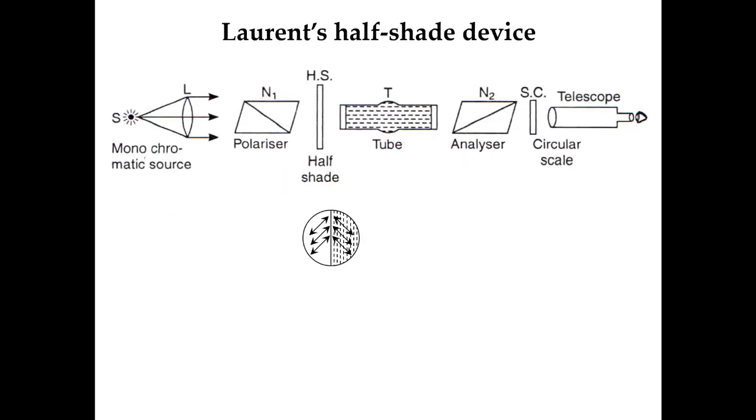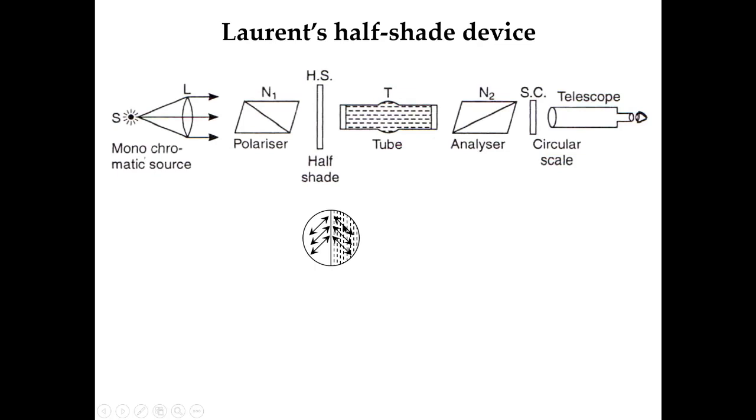Now we will discuss the working of the Lorentz half-shade device. In this device, the unpolarized light is passed through a polarizer, and then the polarized light is passed through the half-shade plate. When this polarized light passes through the half-shade plate, the situation is like this.